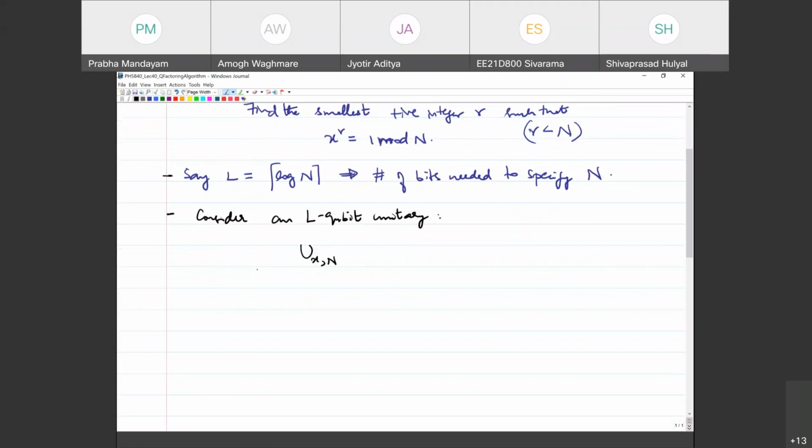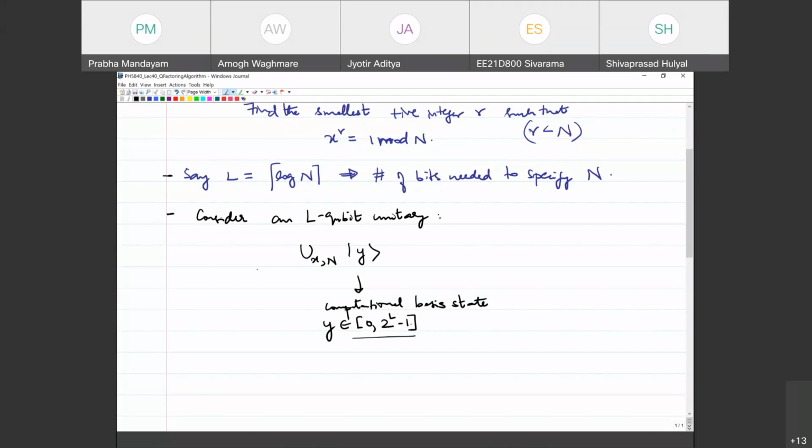It acts on any computational basis state y, which is of course something between 0 and 2 to the L minus 1. This is the set of all L bit strings, and so the numbers that it will correspond to lie between 0 and 2 to the L minus 1.